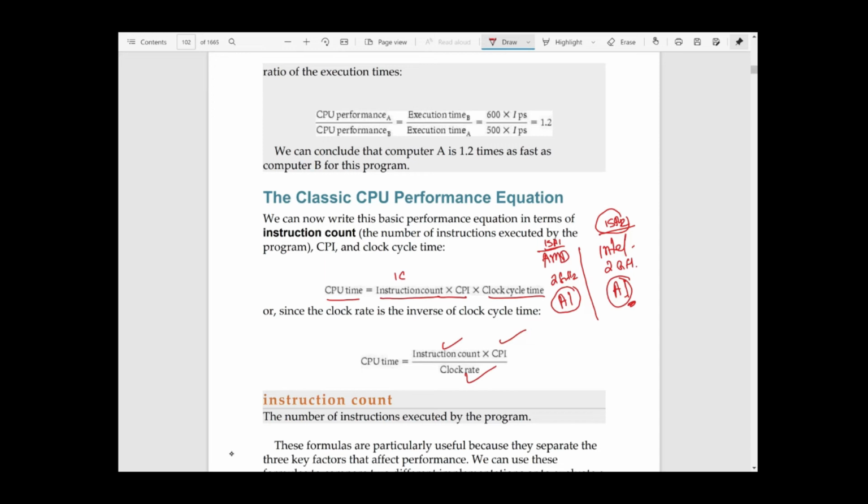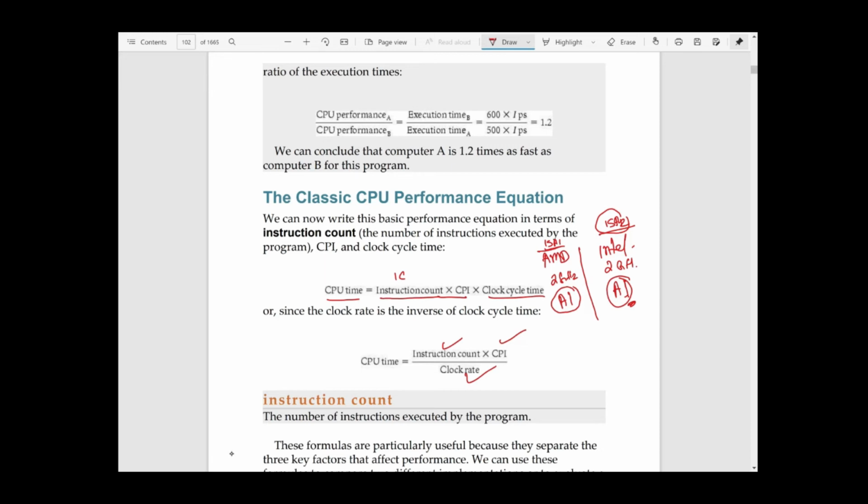In a similar way, cycles per instruction is also important. Cycles per instruction is important because even if the frequencies are the same and the number of instructions is also the same, it may be possible that internally how AMD and how Intel implement each instruction, for example a load instruction, a store instruction, or an add instruction, differs.